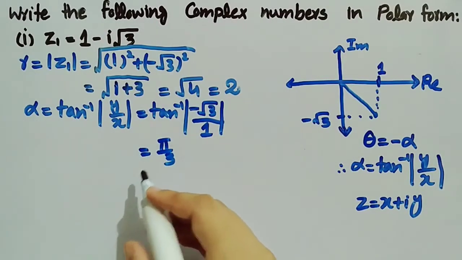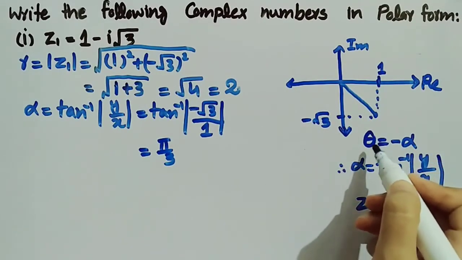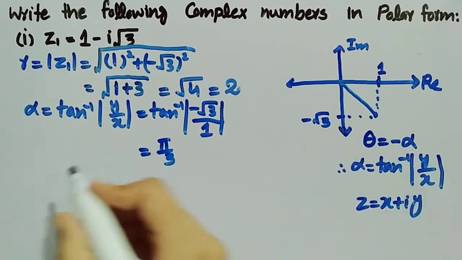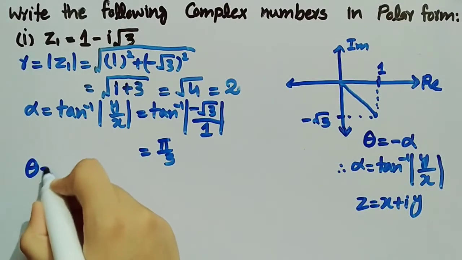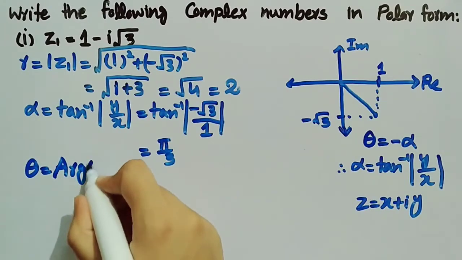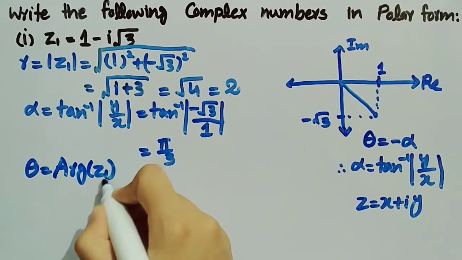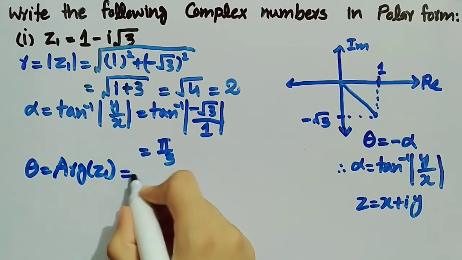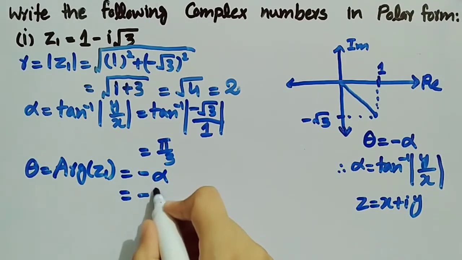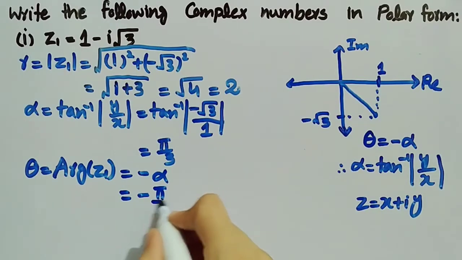Since the complex number is in the fourth quadrant, the principal argument theta will be equal to minus alpha. So theta is equal to minus principal argument of z1, which is equal to minus alpha. So the value of theta is equal to minus pi by 3.